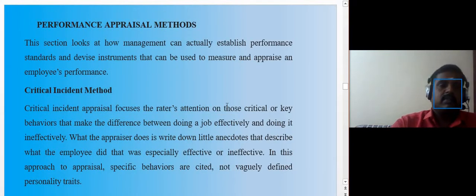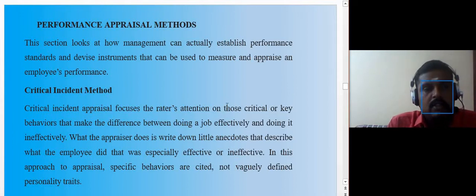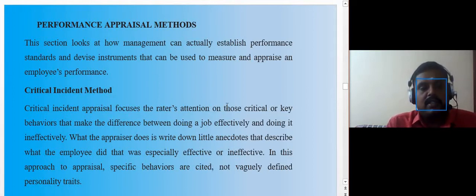The performance appraisal methods. This section looks at how management can actually establish performance standards and devise instruments that can be used to measure and appraise an employee's performance. Critical incident method. The critical incident appraisal focuses the rater's attention on those critical or key behaviors that make the difference between doing a job effectively and doing it ineffectively.